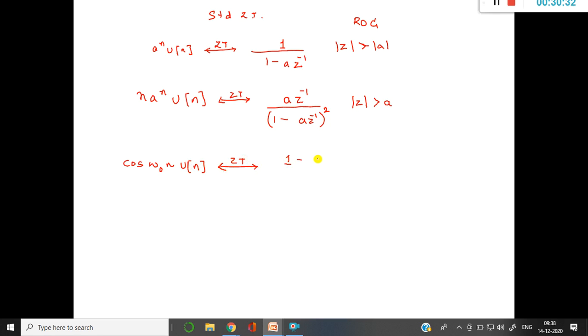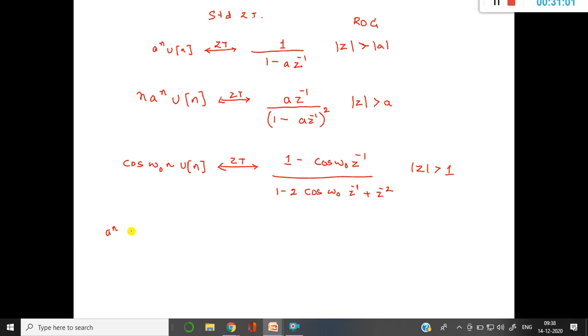For this, what is the standard definition? 1 minus cos omega naught z inverse, divided by 1 minus 2 times cos of omega naught z inverse plus z to the power of minus 2. For this, the region of convergence is mod of z greater than 1.